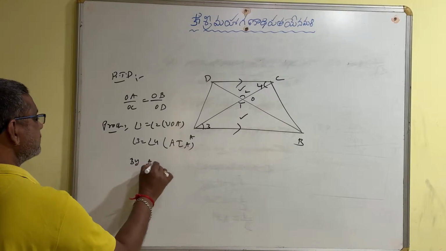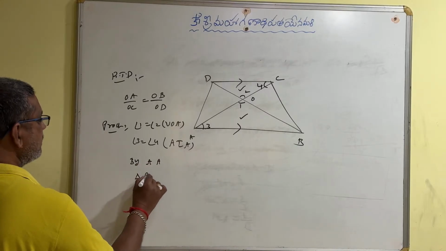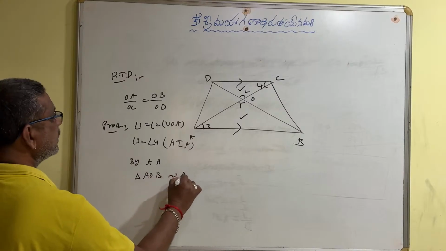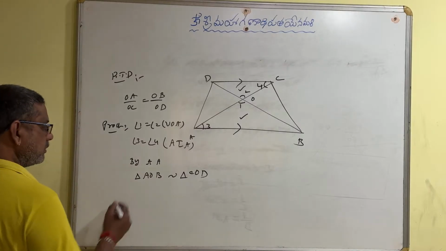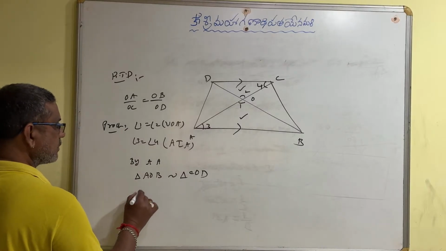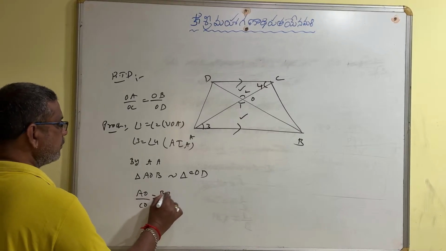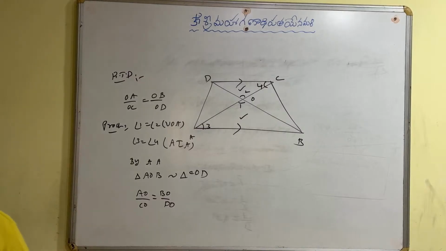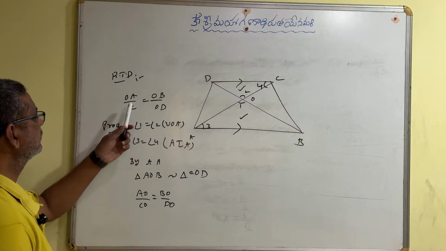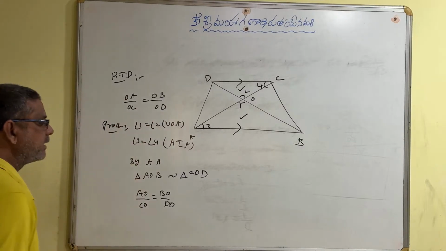So by AA similarity, triangle AOB is similar to triangle COD. Now write the ratios. AO by CO is equal to BO by DO. No need to write the third ratio. AO by CO is equal to BO by DO.